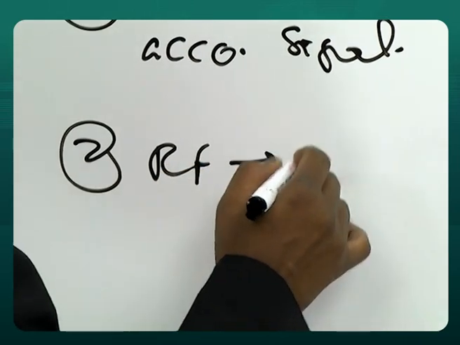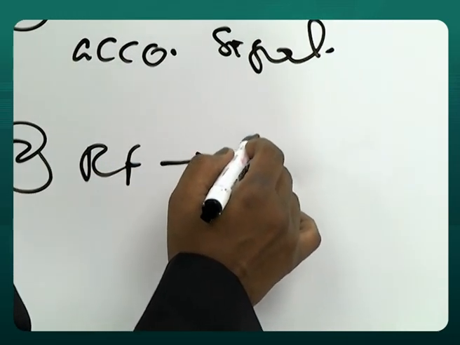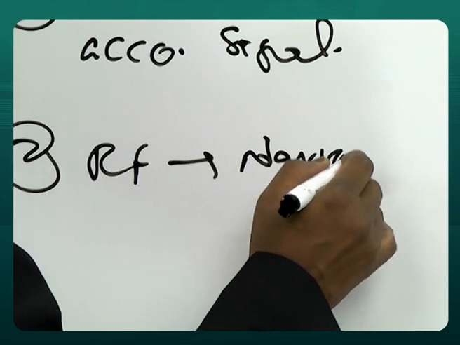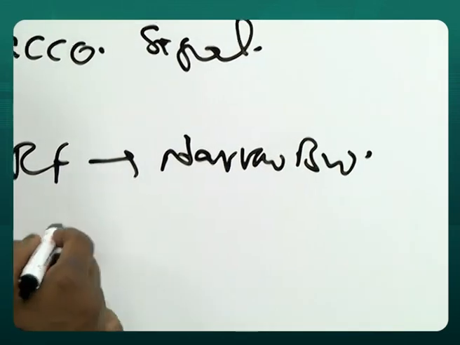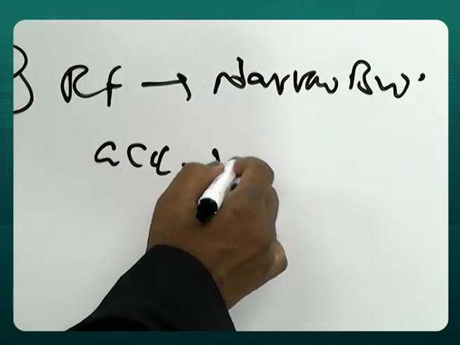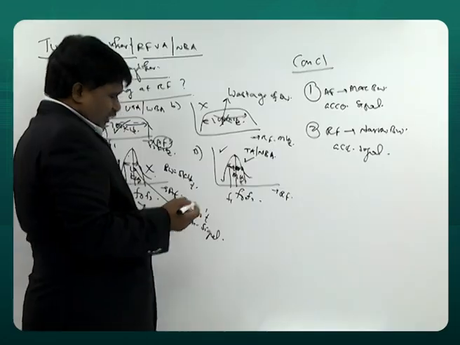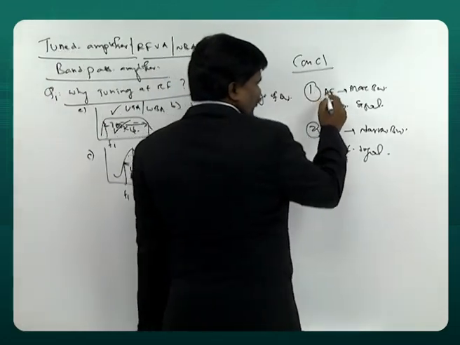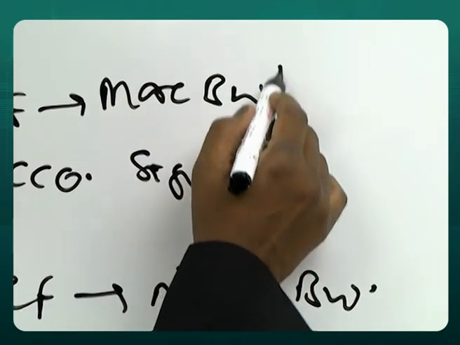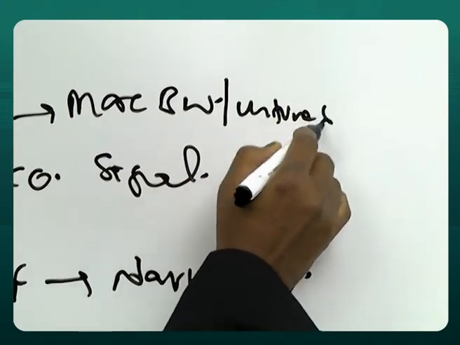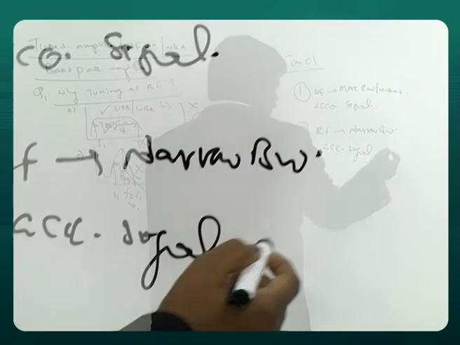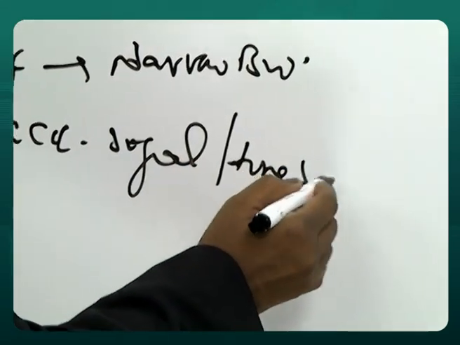Radio frequency, less bandwidth or narrow bandwidth, but still accommodates signal. So in other words, audio frequency, more bandwidth, that's called untuned. Radio frequency, narrow bandwidth is called tuned.